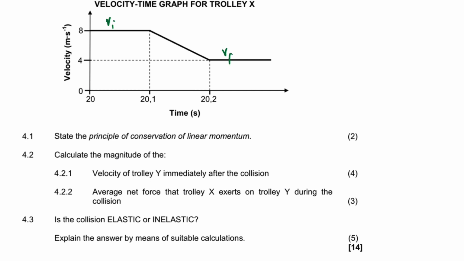So this is the velocity after, and this part of the graph is during collision. During collision you can calculate the contact time, the change in velocity, and even the change in momentum between 20.1 and 20.2 seconds.